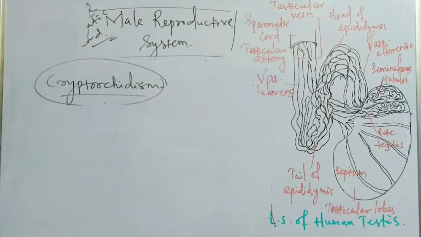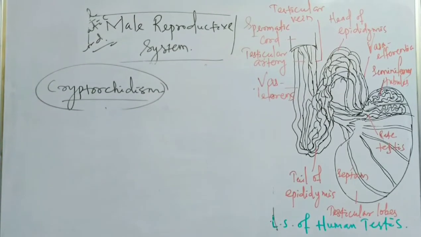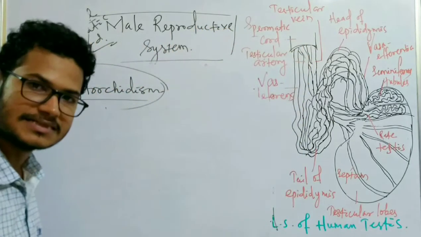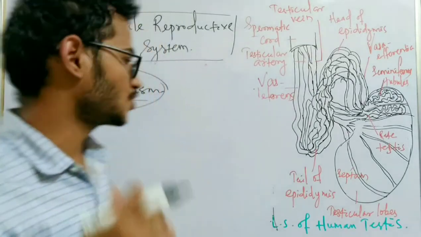The testis remains in the abdominal cavity or in the inguinal canal, and does not descend through the inguinal canal to the scrotum.